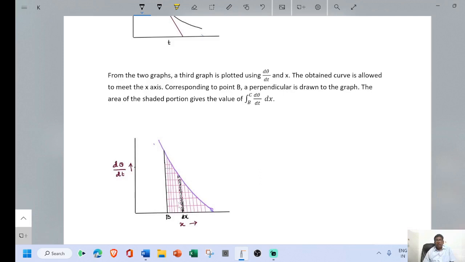Now, shade the area enclosed by the curve and the line segment. The area of the shaded portion gives the value of the integral of d theta by dt into dx, limit varying from b to c, that is equal to the area of the shaded portion.